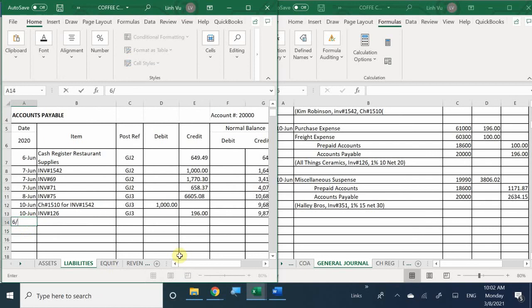All right. Same thing here. Invoice, except now it's invoice number 351. All right. General journal number 3. And this time we increased the amount that we owe. So we increased it by the total of the 2,634.15.